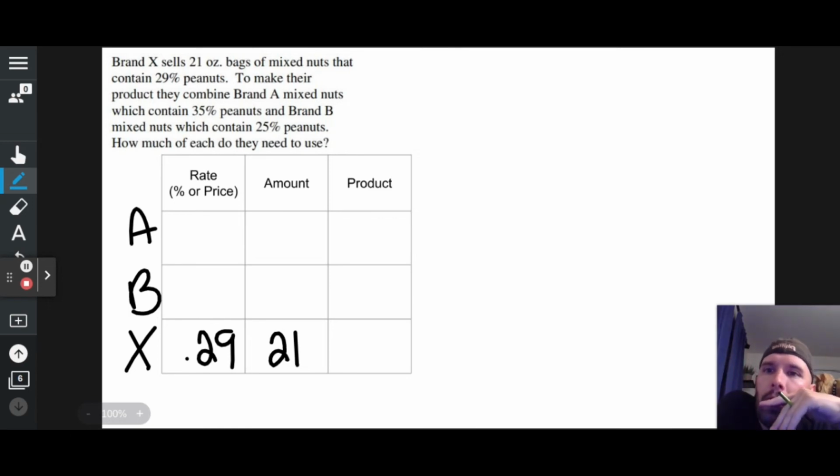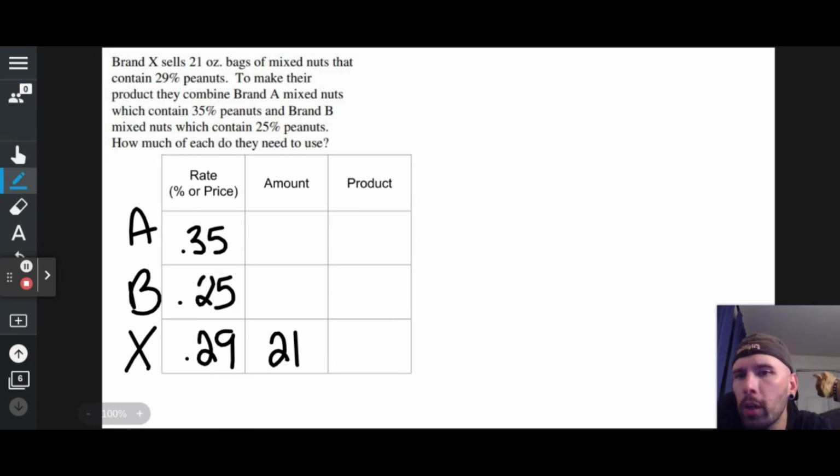To make their product, they combine brand A, which is 35%, so 0.35. We don't know how much. And brand B, which contains 25%. How much of each?